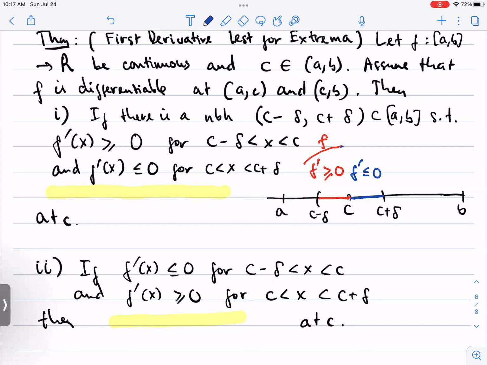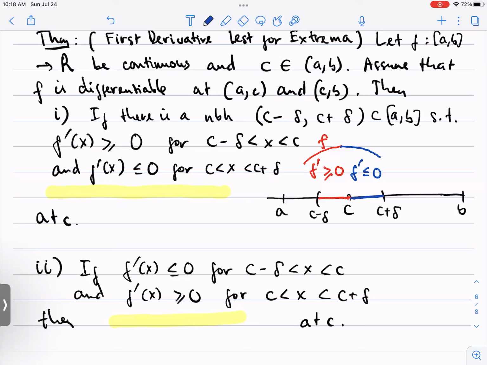So the function is decreasing over that part of the neighborhood. So we see what's going on here. The function is increasing on one side of the neighborhood and decreasing on the other side.